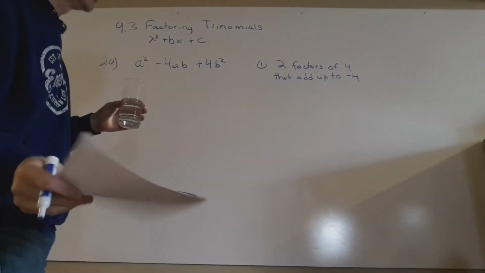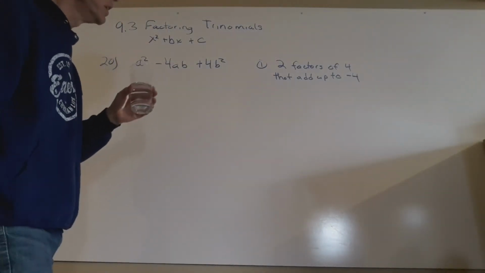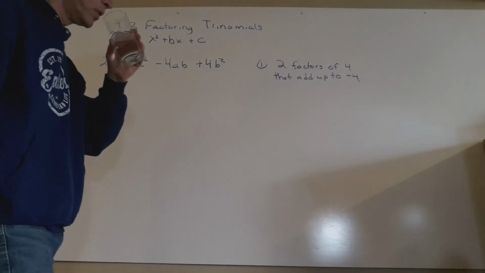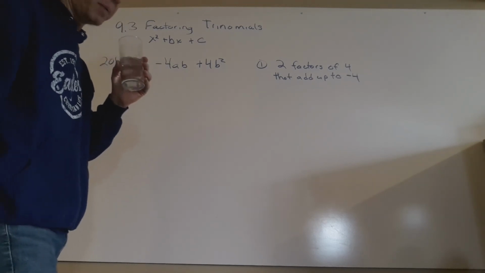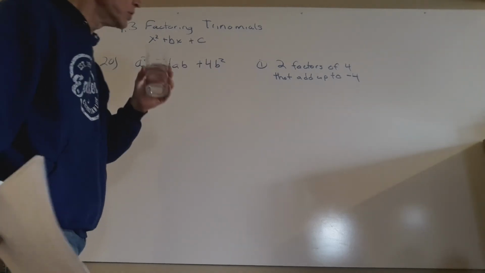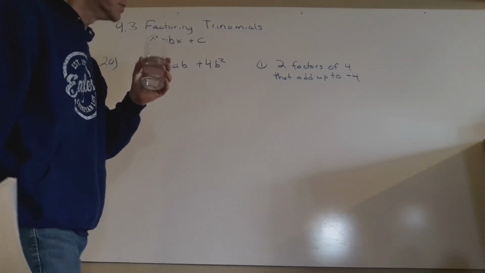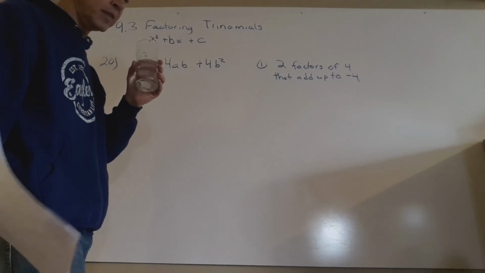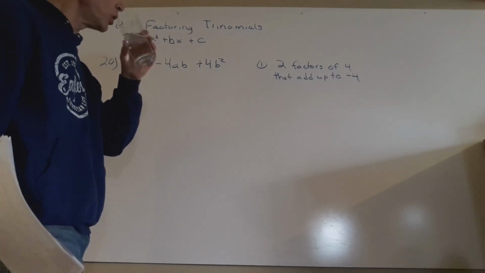So think about what two factors of 4. Two numbers we multiply together, you get 4. You add them together, you get negative 4. Well, at first you might think, what? But you're going to have two negatives. Two negative numbers will add up to negative 4. Two negatives multiplied together give a positive answer.